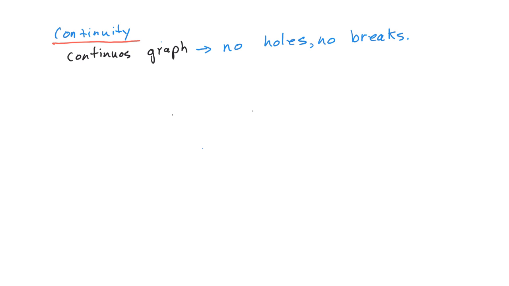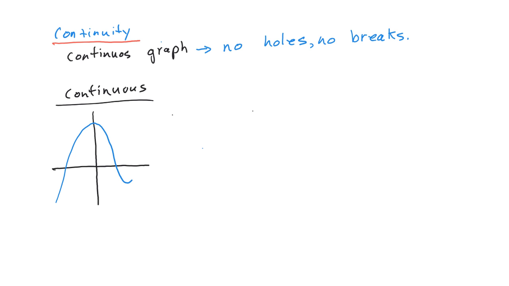So an example of a continuous graph is something like this. I have my chart, and then here's my graph. If I drew this line and I never had to lift my pen off the paper at any time, this is continuous.